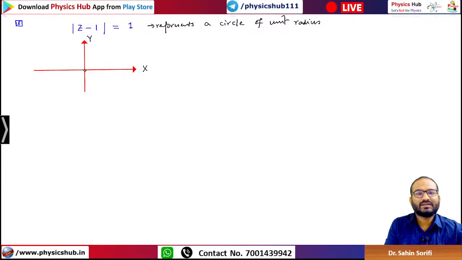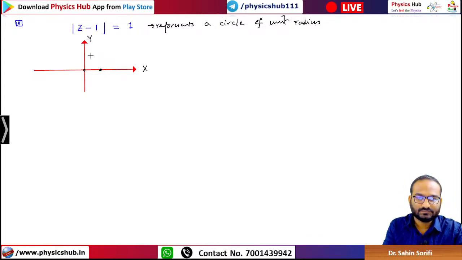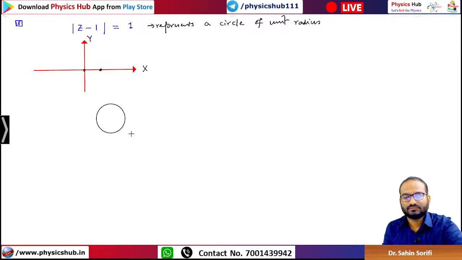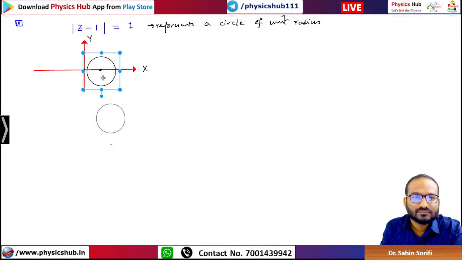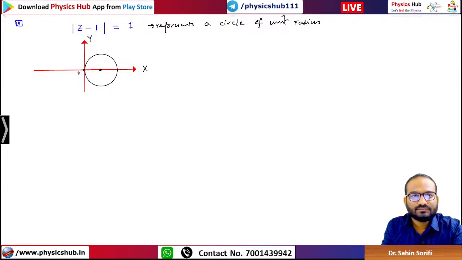So its center will be at z equals to 1 here. Zero, 1, 2.